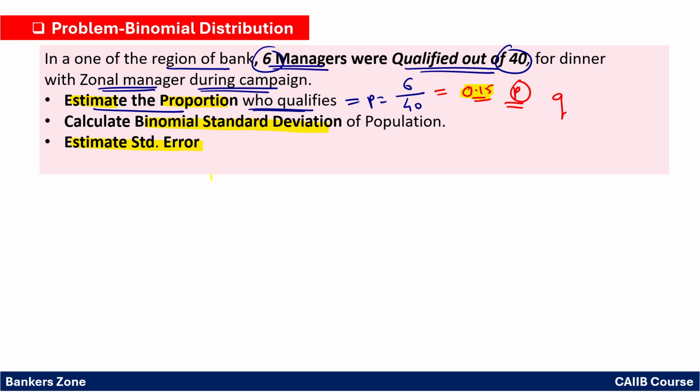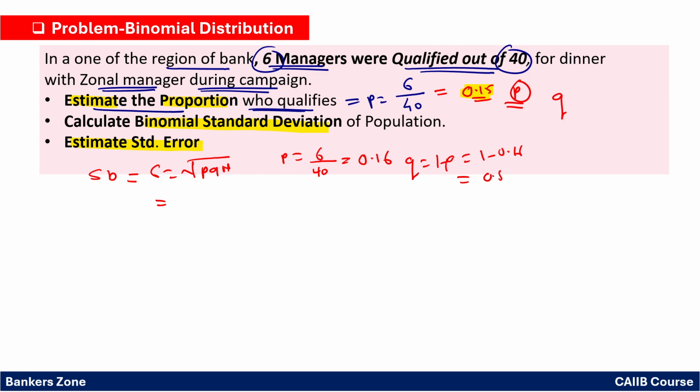For standard deviation, sigma is the square root of p q into n. What is p? P is the probability of success. 6 are chosen out of 40, so p will be 0.16. What is q? Q is 1 minus p, so 1 minus 0.16, which gives 0.85.